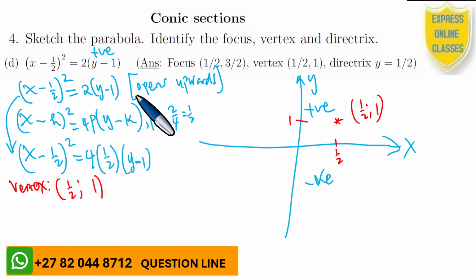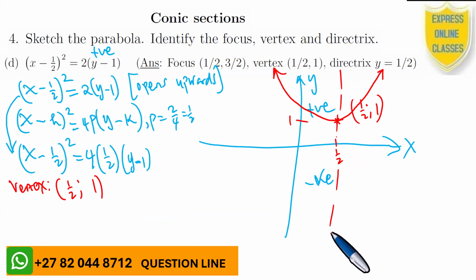But now because it opens upwards, we're going to have this. So x equals 1/2 is the line of symmetry.